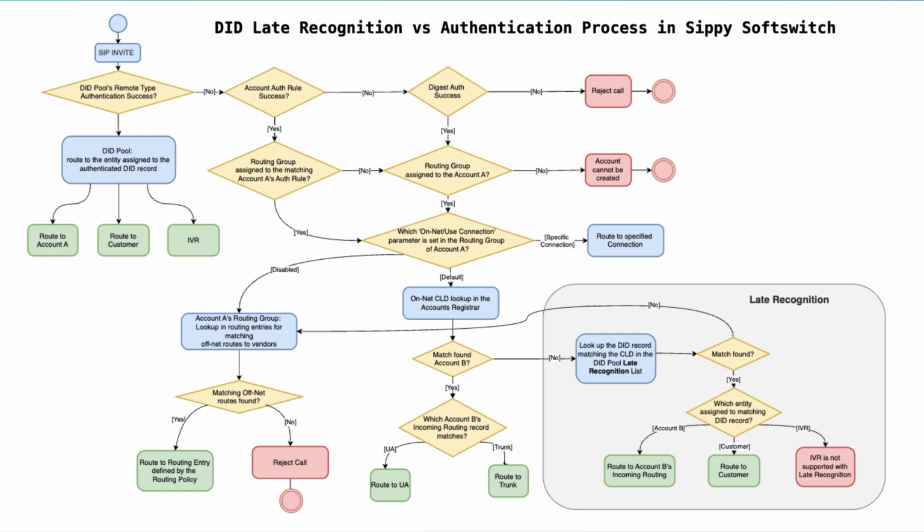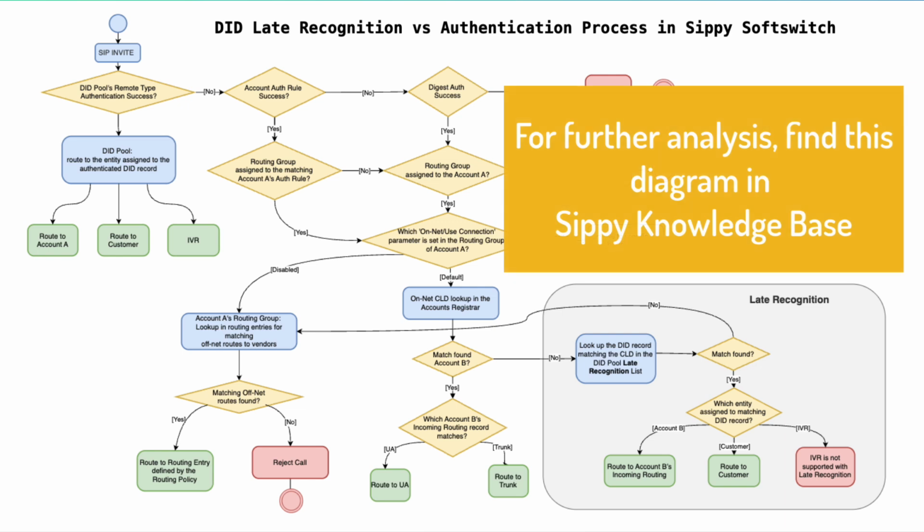Discussing late recognition in isolation can be confusing, so we created this diagram to show the DID pool late recognition process within the context of all post-authentication call routes. It illustrates the complete paths leading to late recognition, contrasts them with other routing options, and highlights how all routes are related.